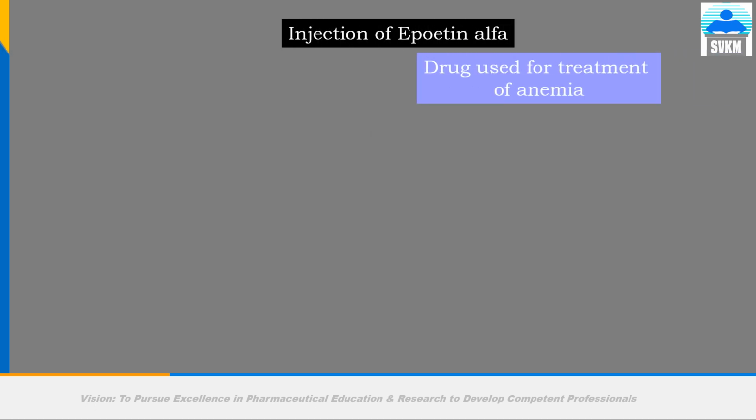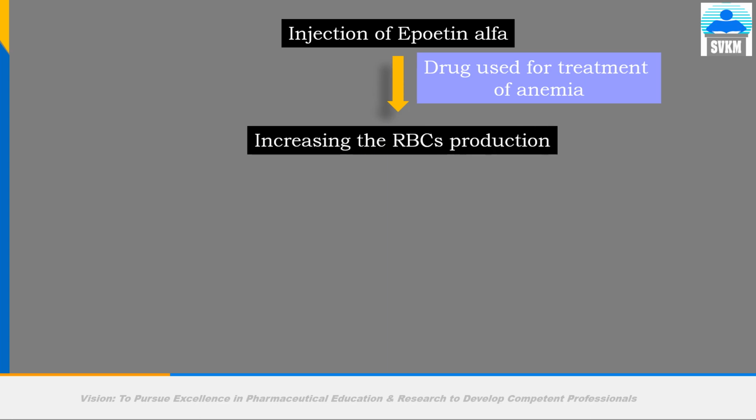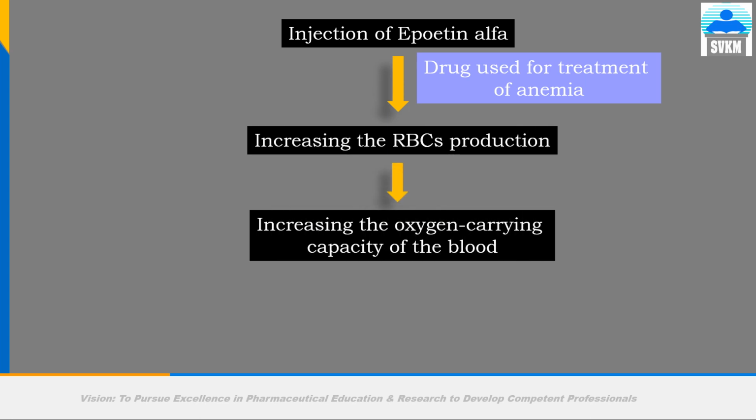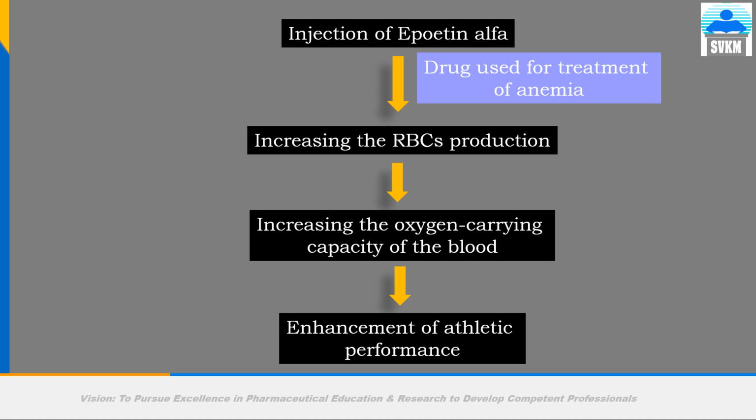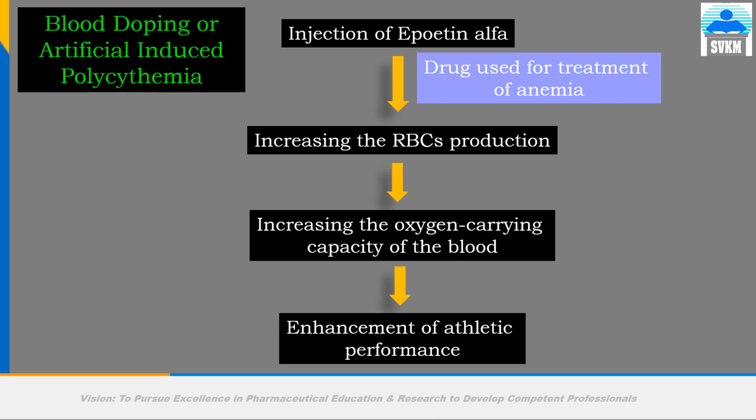The injection of epoetin alpha, a drug used for the treatment of anemia, causes increased RBC production, which ultimately leads to increased oxygen carrying capacity of the blood, and because of this, enhancement of athletic performance. This is called blood doping or artificially induced polycythemia.